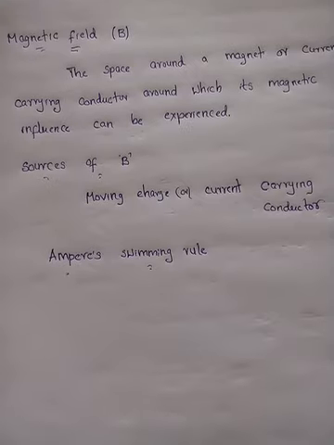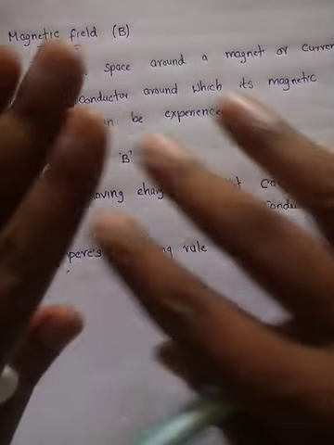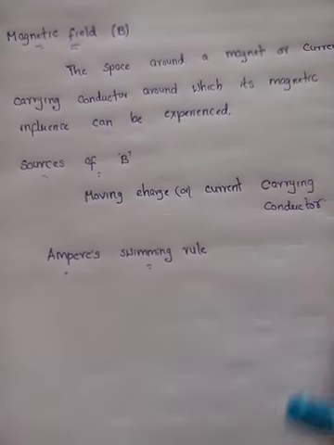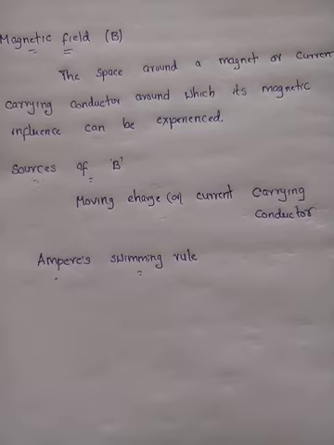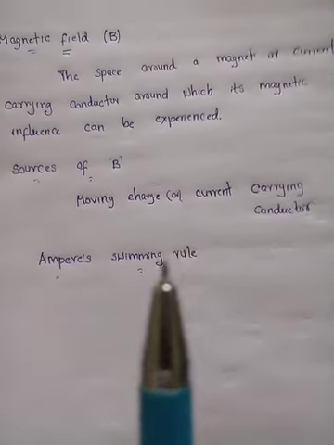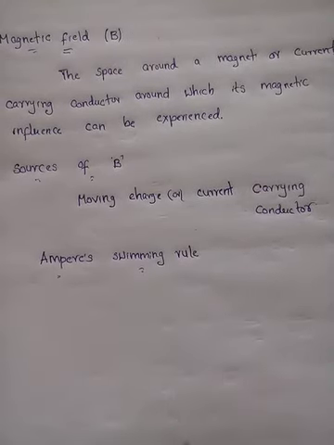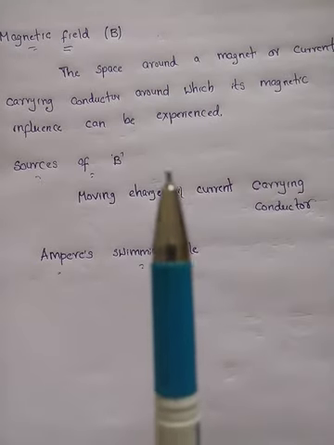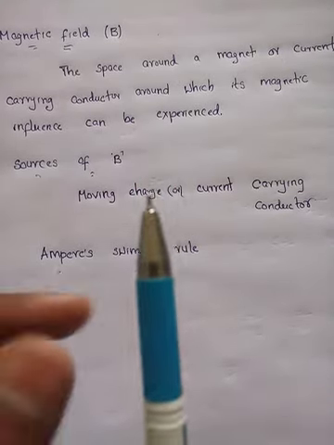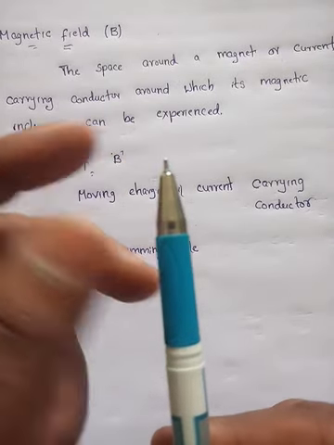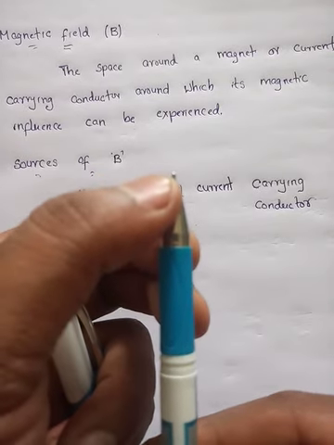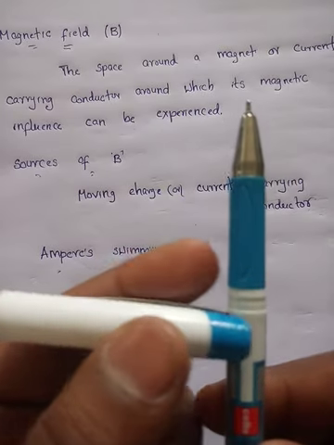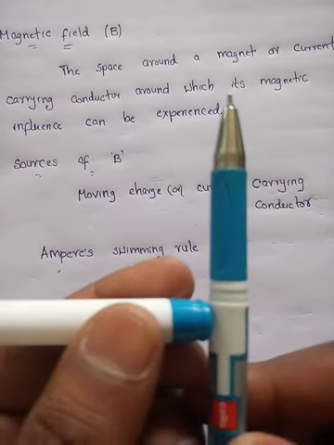See, Ampere's swimming rule. Assume that this is a current carrying conductor, in that you are swimming from one end to another end. So, imagine a person swimming in a current carrying conductor. If his head represents the direction of flow of current, then his left hand gives direction of magnetic field.